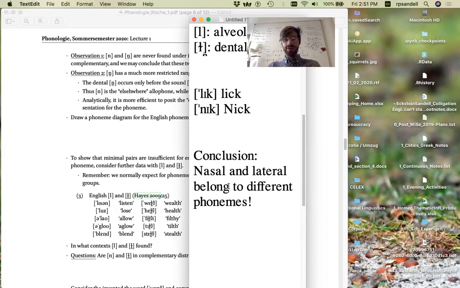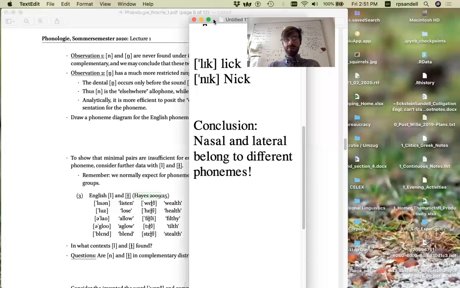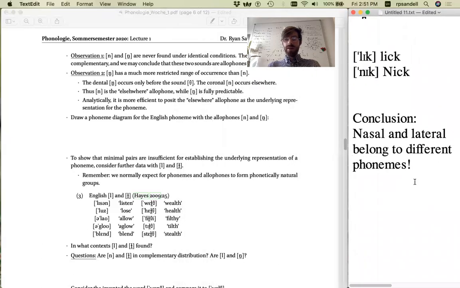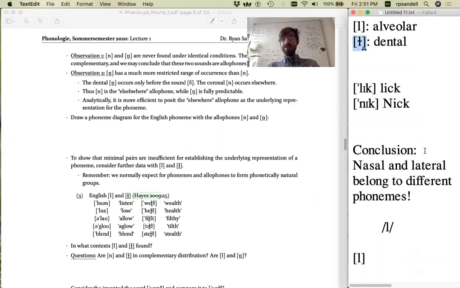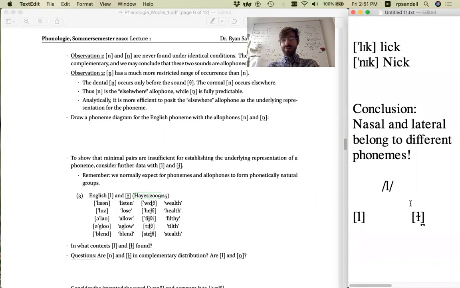And similarly, it looks like the lateral has an underlying phoneme which would be alveolar, but as one of its allophones, it has this velarized dental allophone.